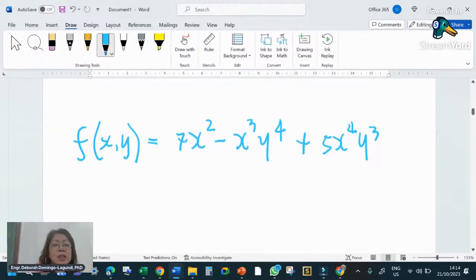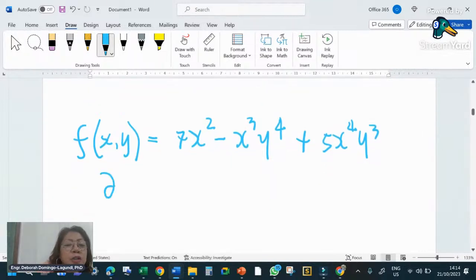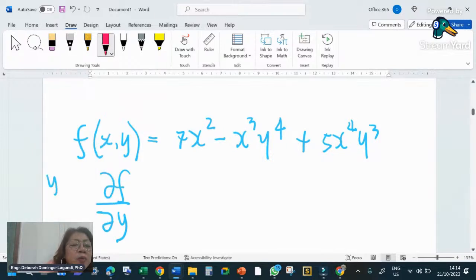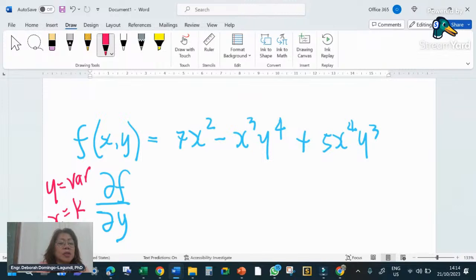All right. So this time we're going to get the partial derivative of the function of x and y with respect to y. If you say with respect to y, then y is your variable and x will be your constant. So with your numbers, that will be constant. Okay, so let's circle our variable.